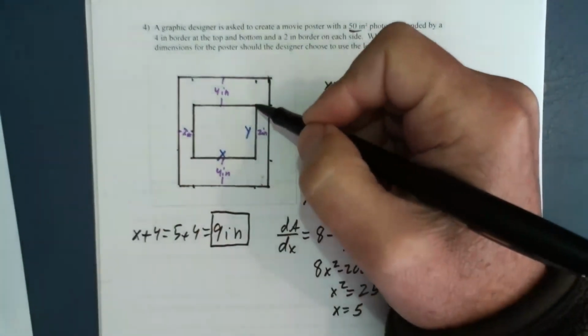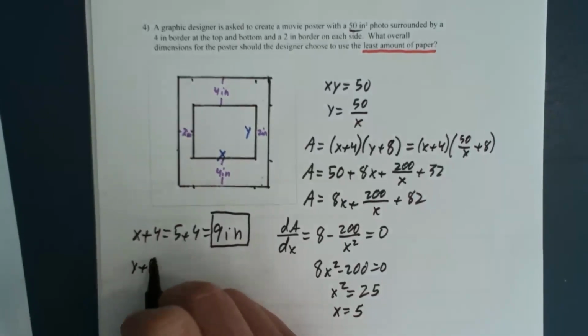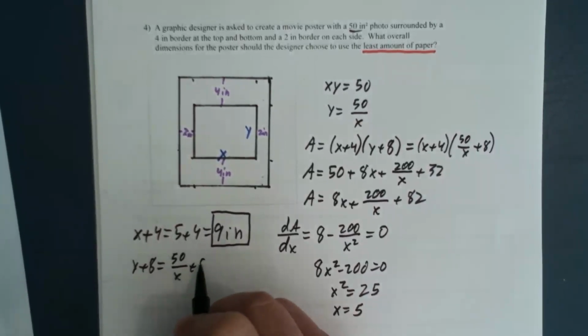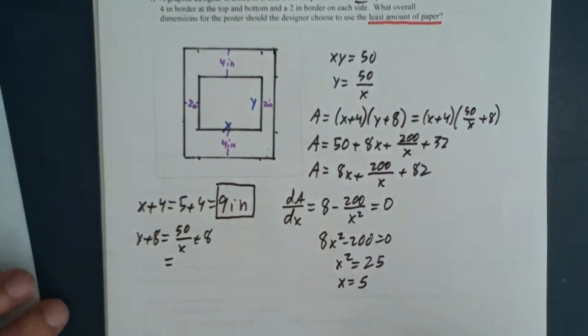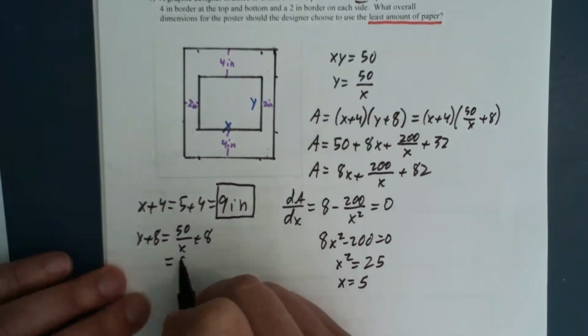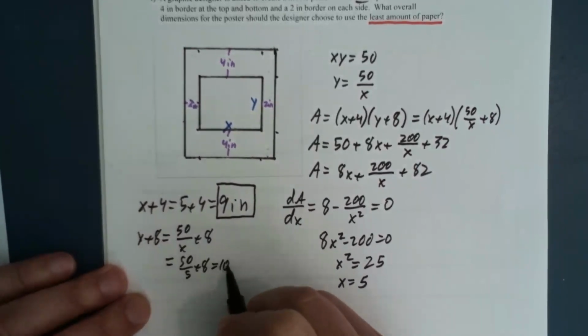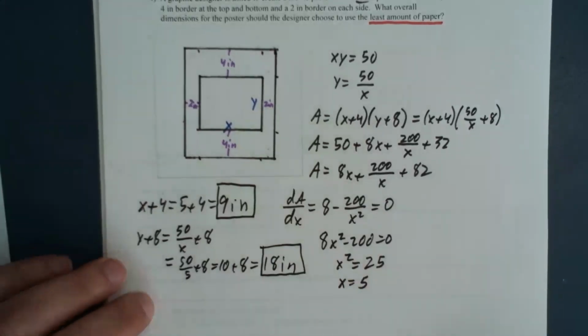In the y direction, it's going to be y plus 8. We know that y is 50 over x, x being 5. That's 10 plus 8. That's going to give us 18 inches. And there is our other dimension.